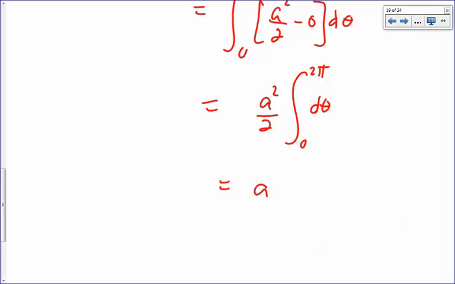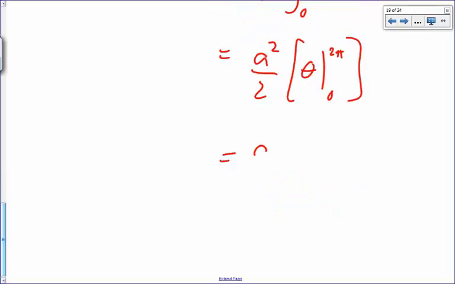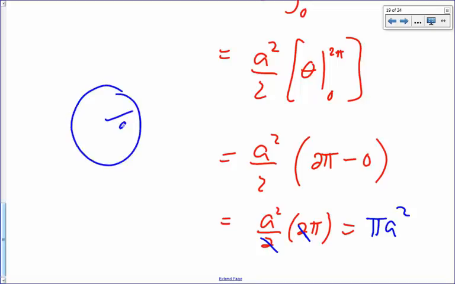And that's just a squared over 2, theta evaluated from 0 to 2 pi. That's just a squared over 2, 2 pi minus 0. That's a squared over 2 times 2 pi, 2 cancels out. That's just pi a squared. That's just the area of a circle of radius a.